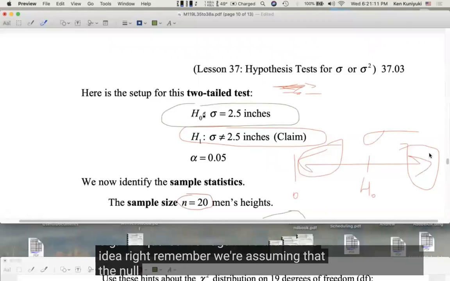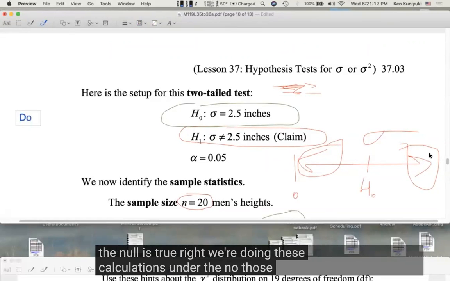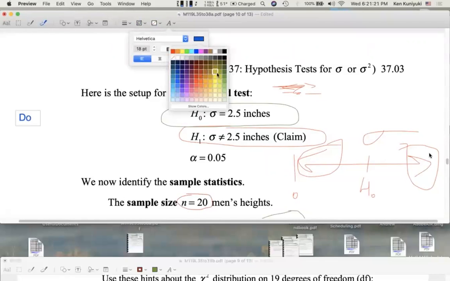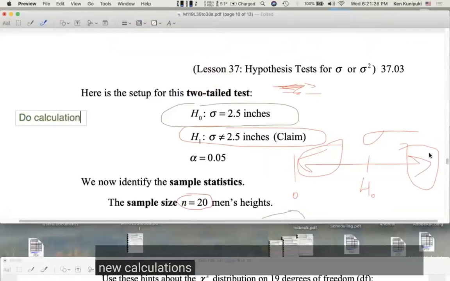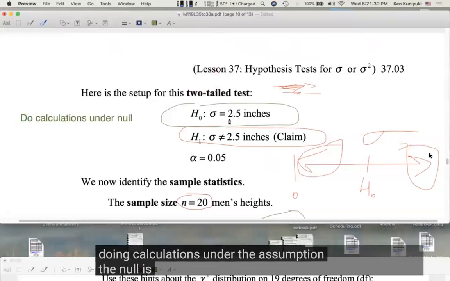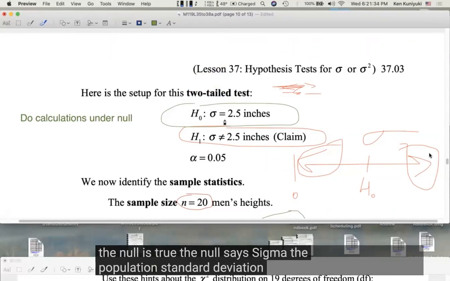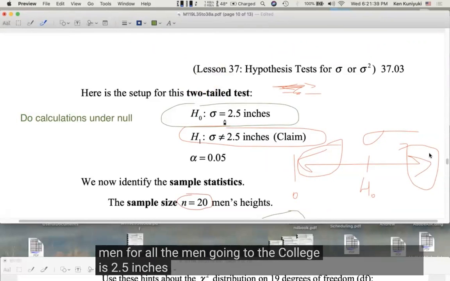Remember, we're assuming that the null is true. We're doing calculations under the assumption the null is true. The null says sigma, the population standard deviation for all the men going to the college, is 2.5 inches.